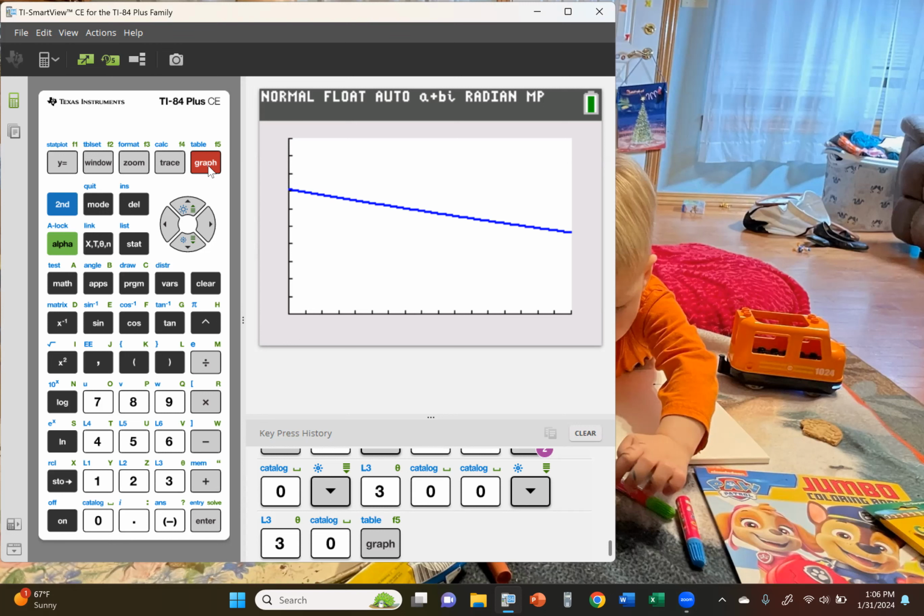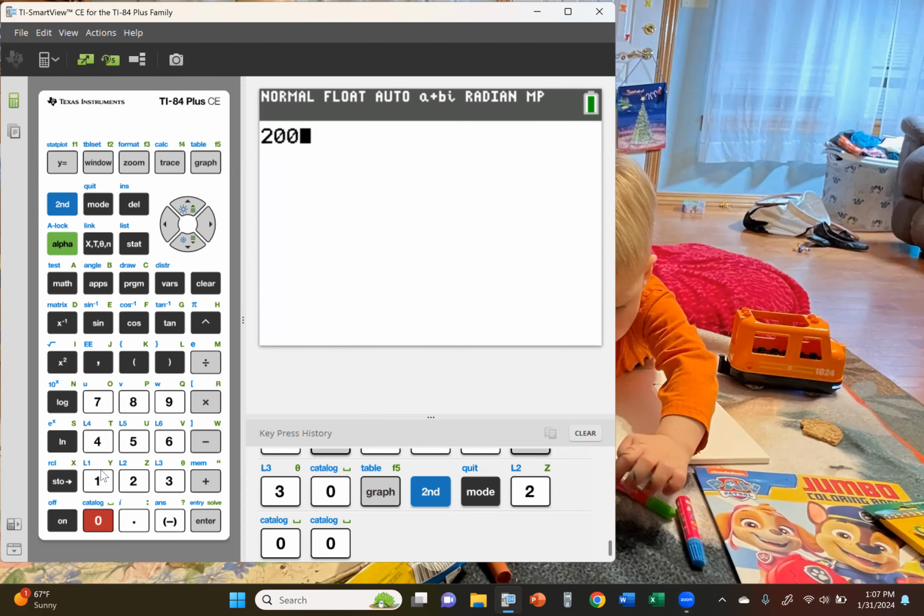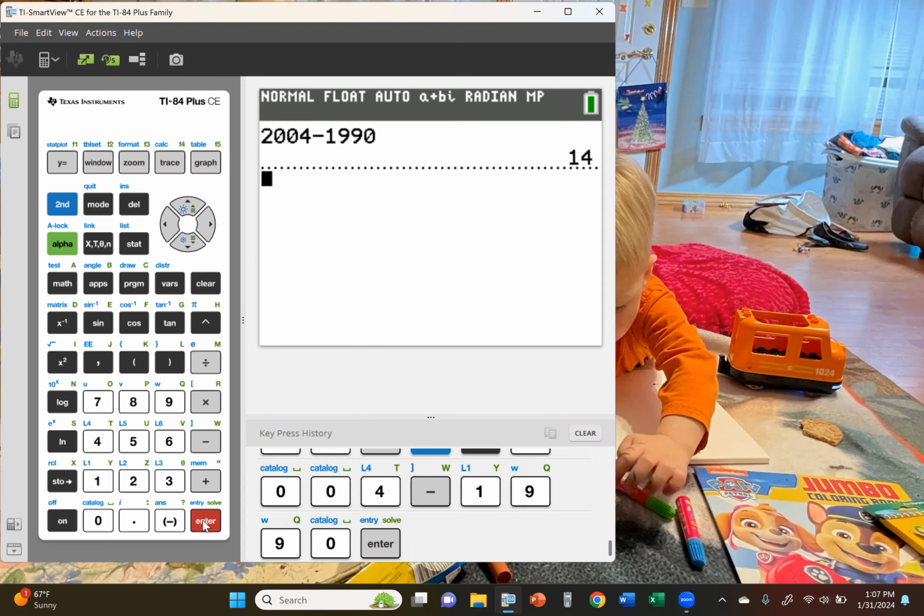So what would X be if the year is 2004? So I'm going to get out of here. I'm going to calculate that. So 2004 minus 1990 is 14 years. So what is the Y value when the X value is 14?